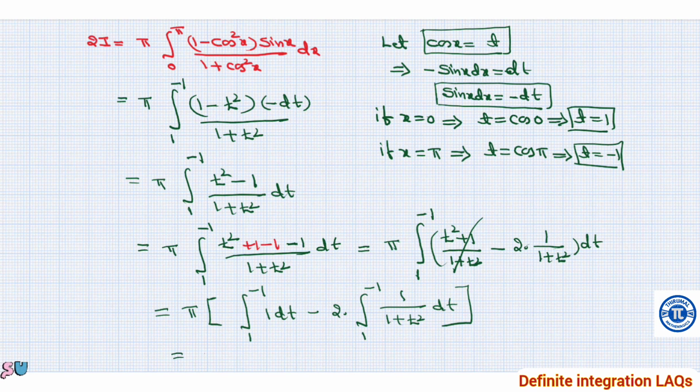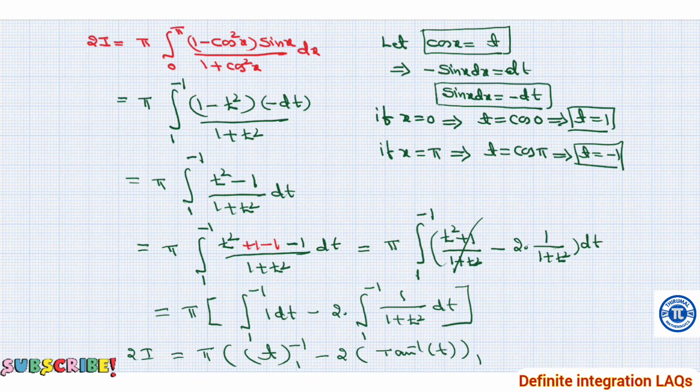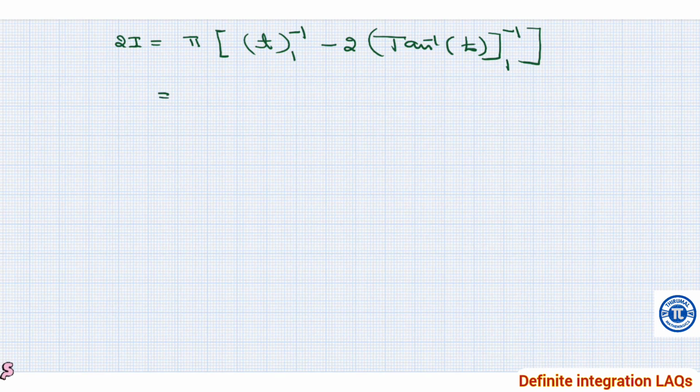So 2I equals pi into integration of 1 dt is t, limits 1 to minus 1, minus 2 into integration of 1 by 1 plus t square, which equals tan inverse of t, limits 1 to minus 1.